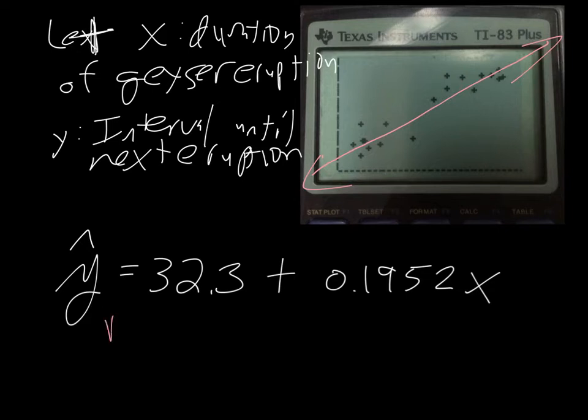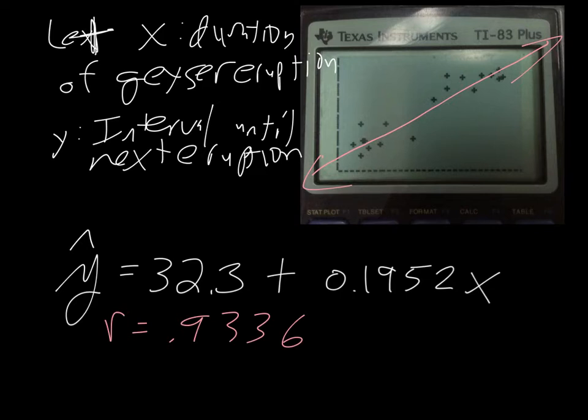My R was 0.9936, which is actually very strong. So when I described this, I said it was a strong positive linear relationship, which means as the amount of time of eruption increases, the interval until the next eruption also increases. R is 0.9936, which also shows that it's a strong positive linear relationship.